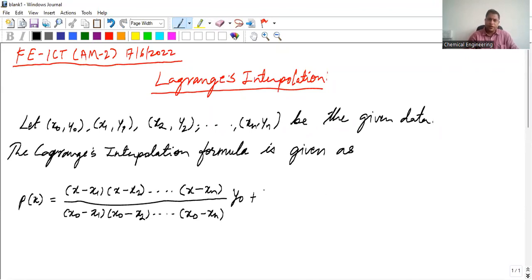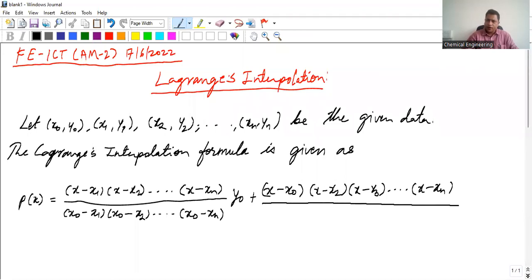Plus we have the next term: x minus x0, x minus x2, x minus x3, and so on up to x minus xn, and in the denominator x1 minus x0, x1 minus x2, x1 minus x3, and so on up to x1 minus xn, and here we have y1.